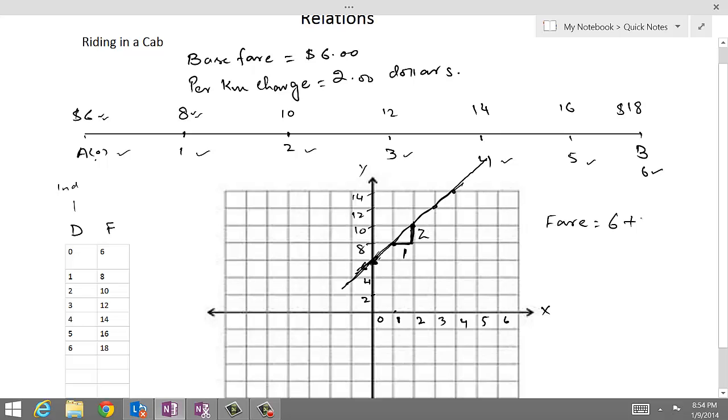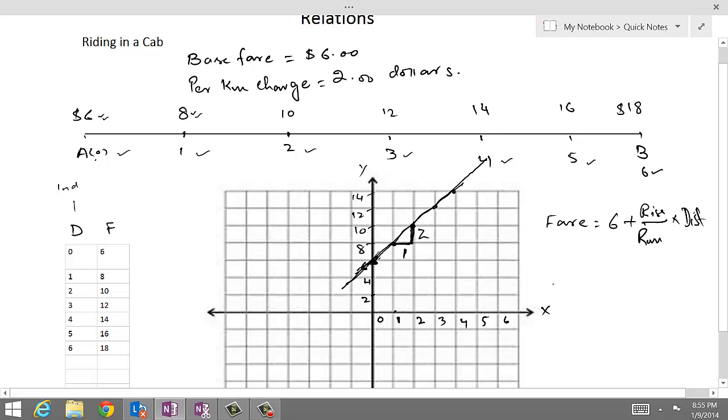So what is rise over run? That is 2 over 1. Rise over run, that is 2 over 1 times whatever the quantity is on the horizontal side. What was that distance? So that is distance.